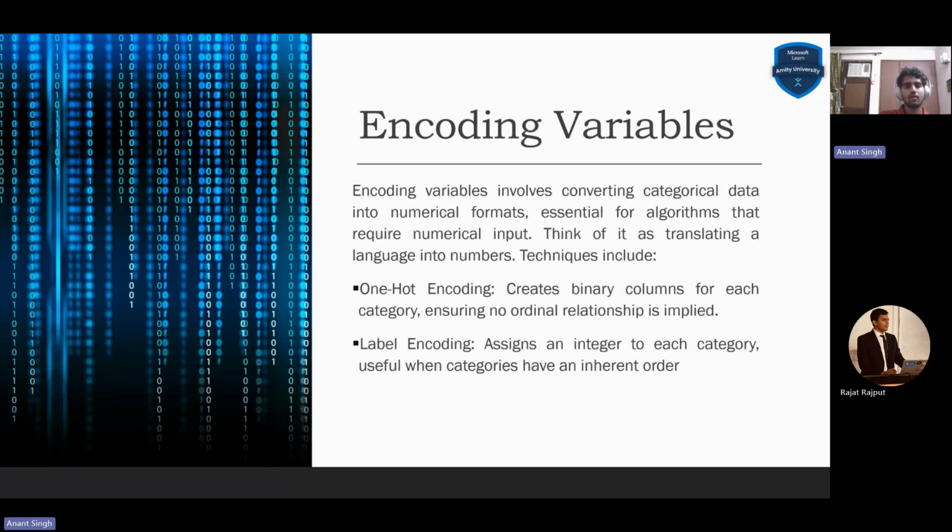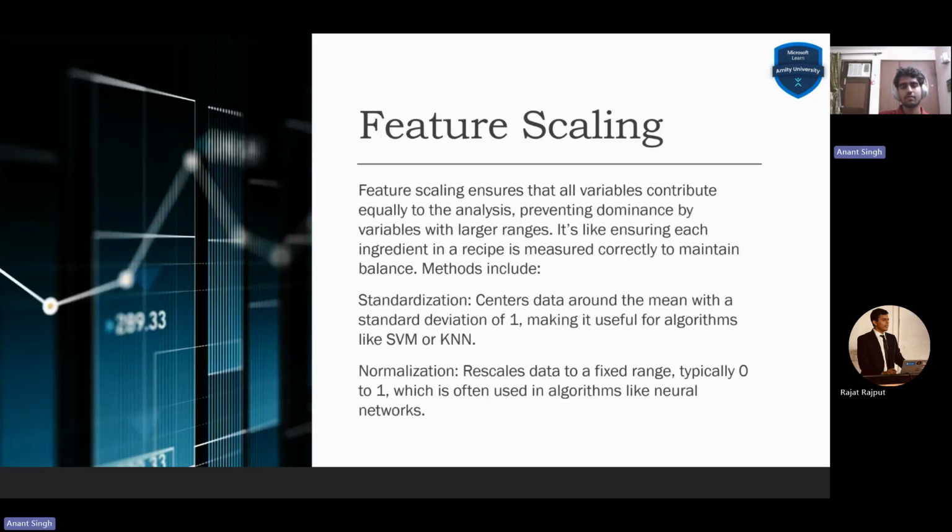Now, what is feature scaling? Feature scaling ensures that all variables contribute equally to the analysis, preventing dominance by variables with larger ranges. It's like ensuring each ingredient in a recipe is measured correctly to maintain balance. Methods include standardization, which centers data around the mean with a standard deviation of 1, making it useful for algorithms like SVM, support vector machines, and KNN, K nearest neighbors. You'll learn these in the future.